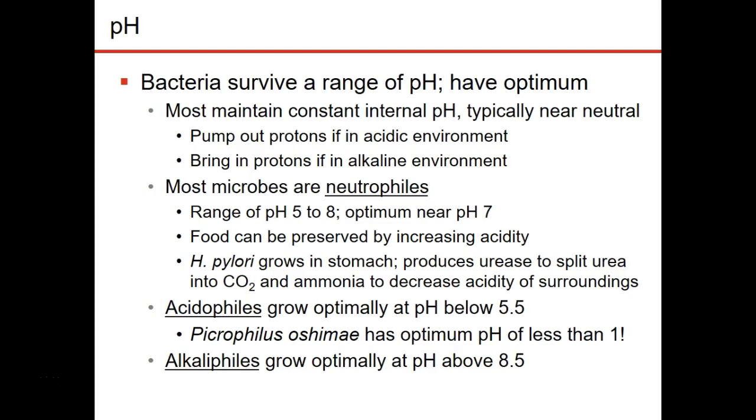And then we have some bacteria that grow better in alkaline conditions or at a higher pH. I always like to look at Helicobacter pylori, so this one right here. He grows in the environment of our stomach, which is a very low pH of about 1 or 2. So he grows really effectively there, but can't grow in other areas of our body because he is an acidophile.